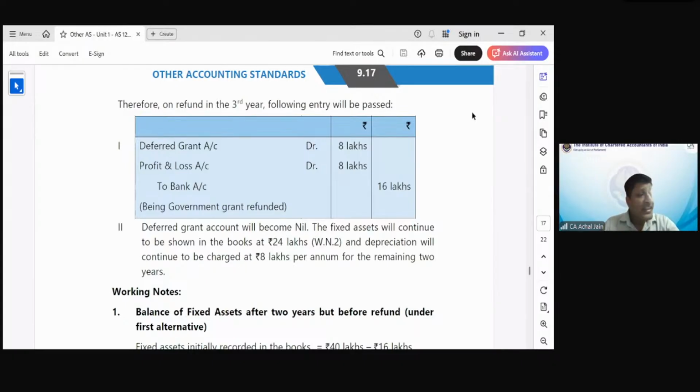In this case, do we have any impact of the depreciation? Not at all. That remains unchanged. There's no impact of the depreciation. Everyone clear? Any questions, any doubts if you have, please let me know. Clear? All right. So let's quickly look at one more question.